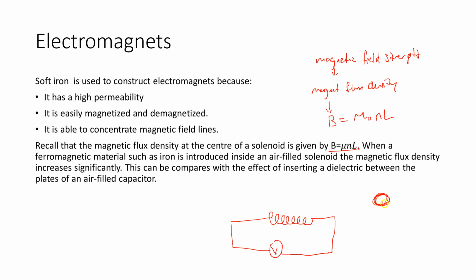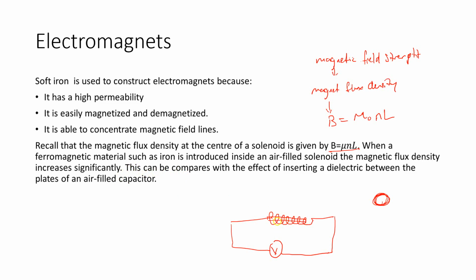In between the solenoid, we can actually put a type of material inside of it to take up that space. We call those types of materials ferromagnetic materials, and they are materials that can become magnetized easily. We can also call those soft irons.